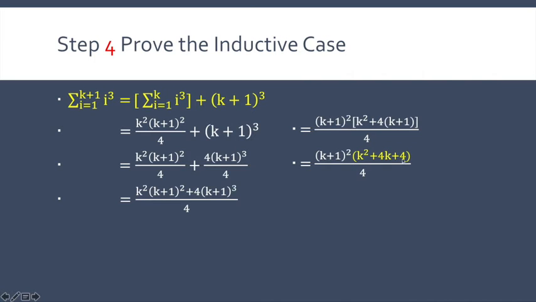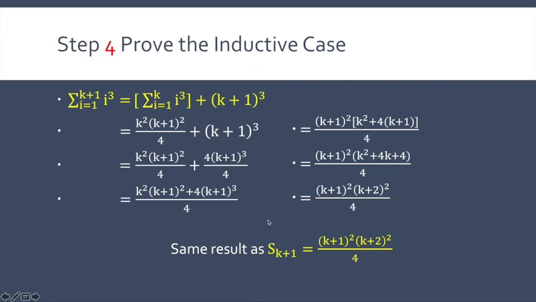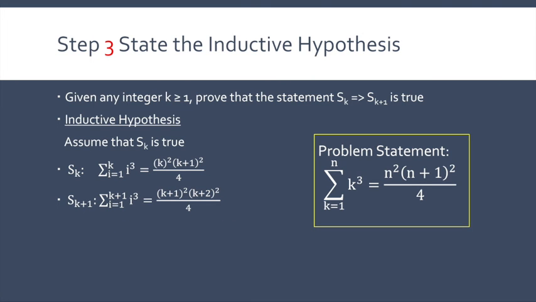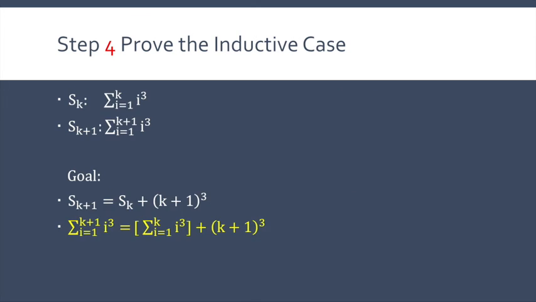So we can simplify this term using algebra. And then we got (k plus 1) squared times (k plus 2) squared over 4, which is the same as S of k plus 1. So that means this is true. We successfully proved the statement that we established from step 3.